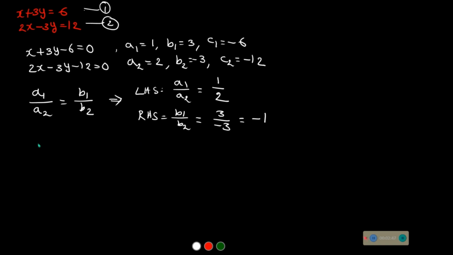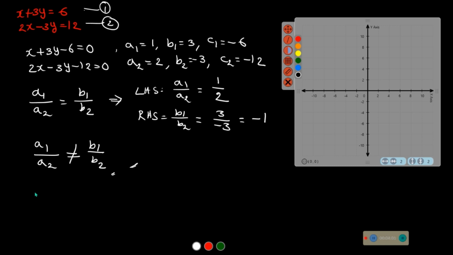So we have checked that a1 by a2 is not equal to b1 by b2. So these two lines are consistent and have a unique single solution.